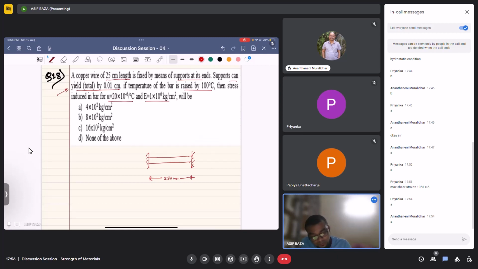So kind of we can say it can yield delta by 2, where delta is equal to 0.01 centimeter, delta max.